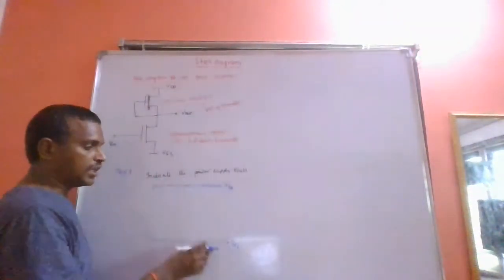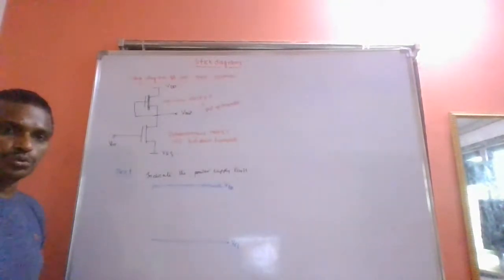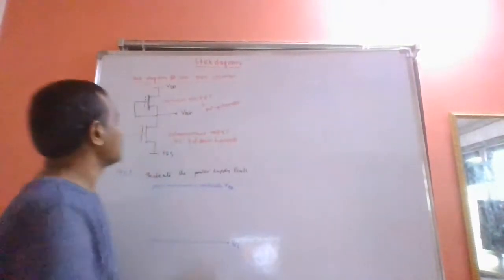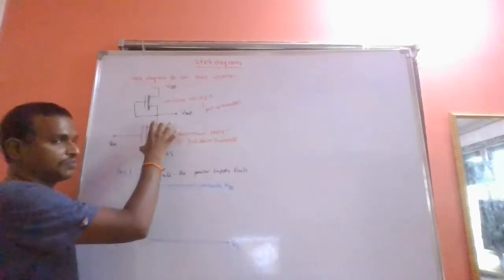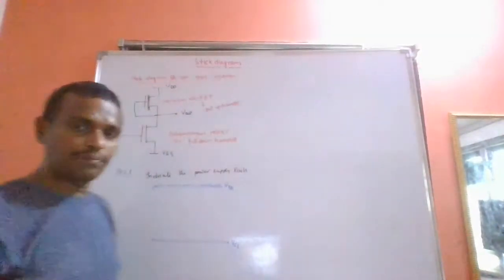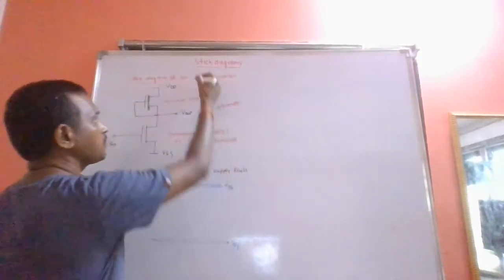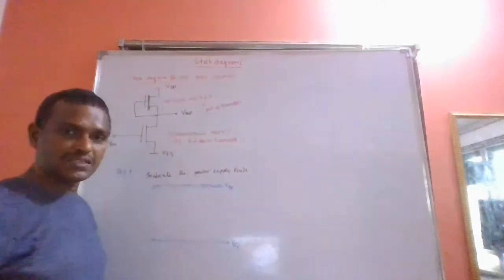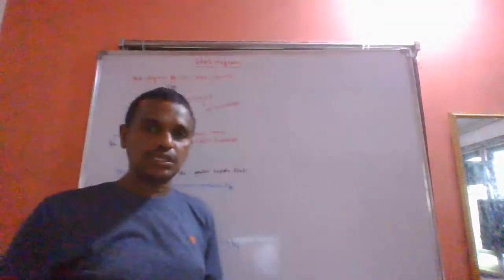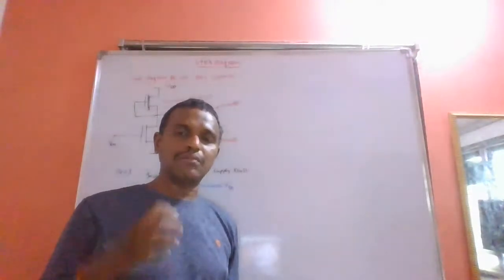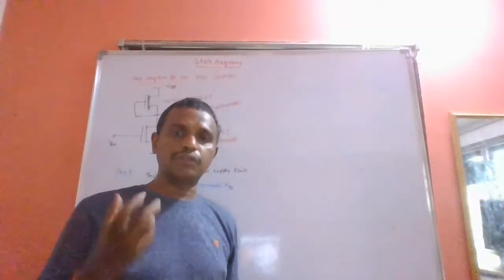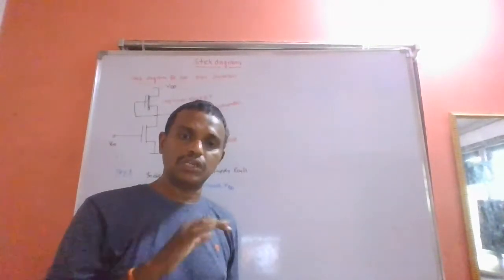Okay, so after indicating them, what do I have to do? I have to form here the depletion MOSFET and enhancement MOSFET. Both are of N type, because we are drawing the stick diagram for an NMOS inverter. An MOS transistor will form whenever a polysilicon crosses the N diffusion.